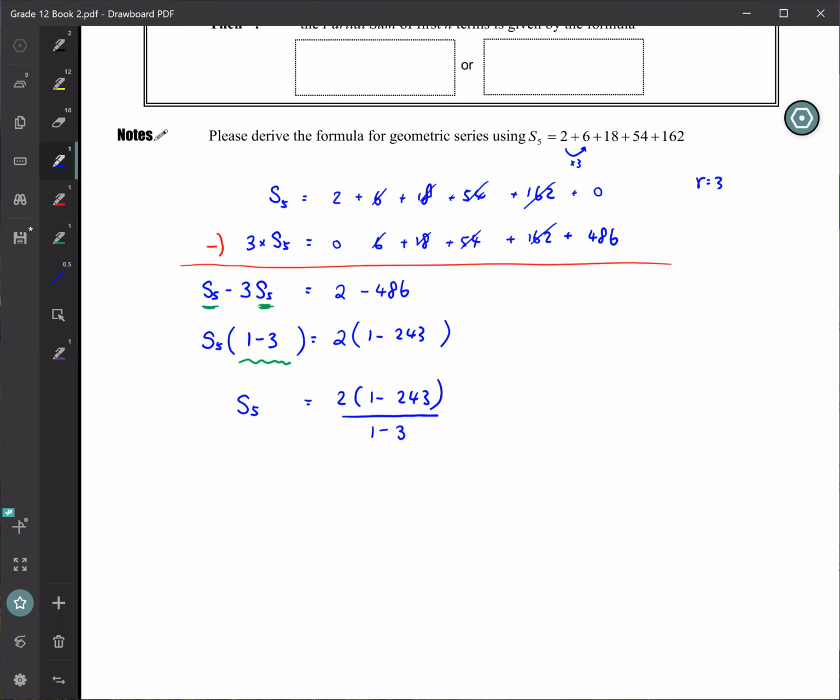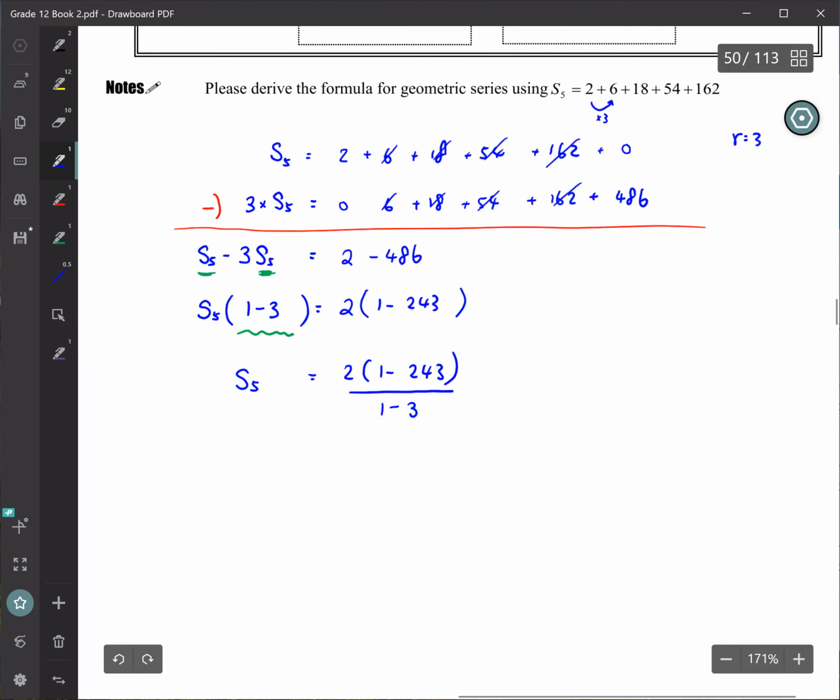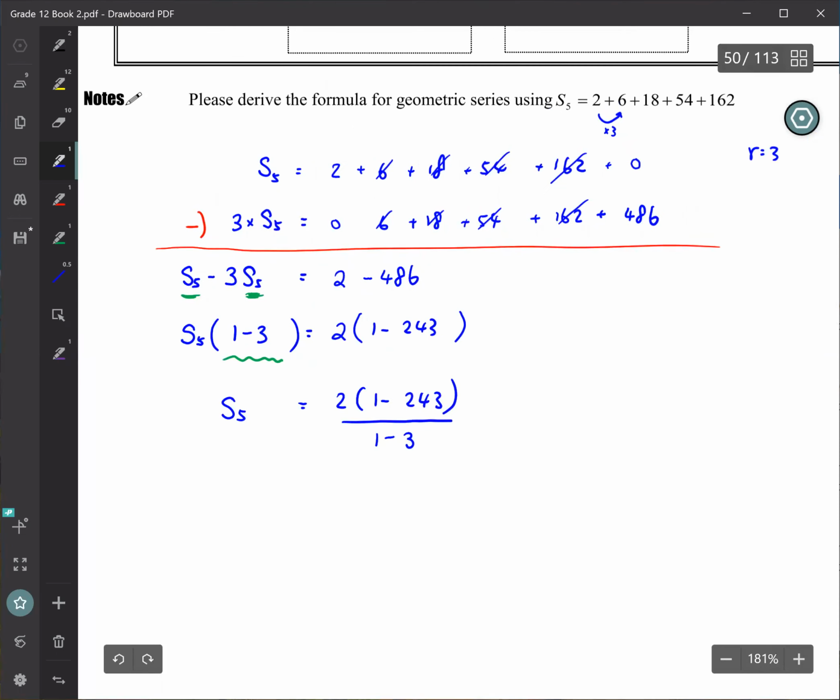Okay, so now, so far, we see some numbers that are related to the original series, right? Because you can see the 2 represents the first term, right? And then the 3 represents the ratio. Okay, now we have one more thing that's interesting here, right?